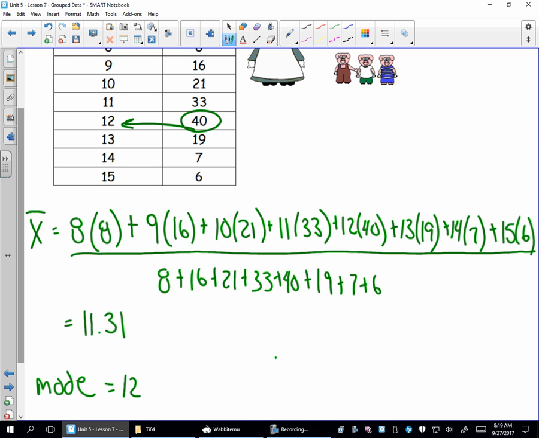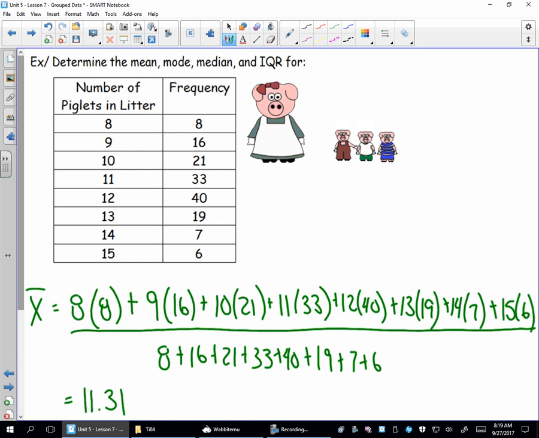Our median, slightly trickier. We have to find the middle piece of data. So one of the easiest ways of doing this is actually to add a column to our table. Call it the cumulative frequency. So we have 8 and then 24, and we're adding. And then 45, and then 78, 118, 137, 144, and 150.